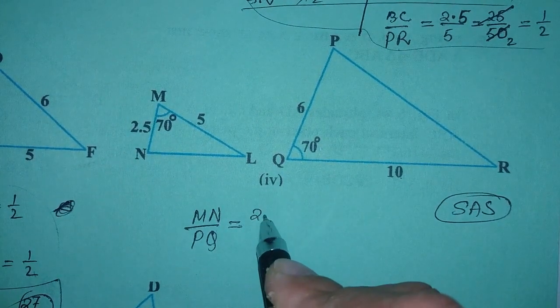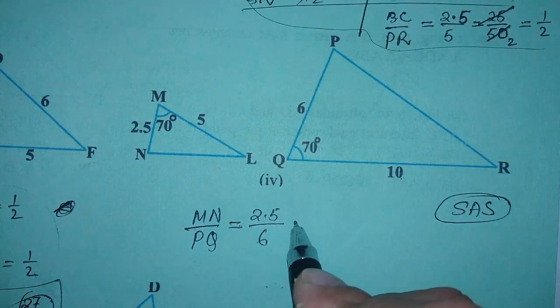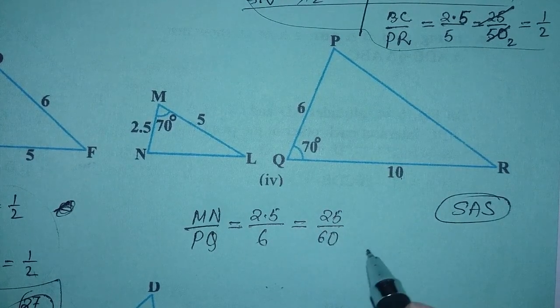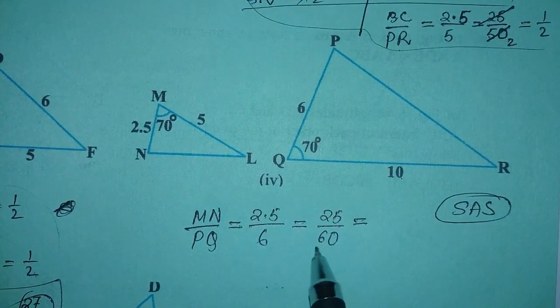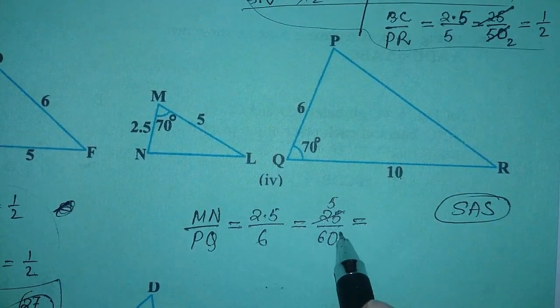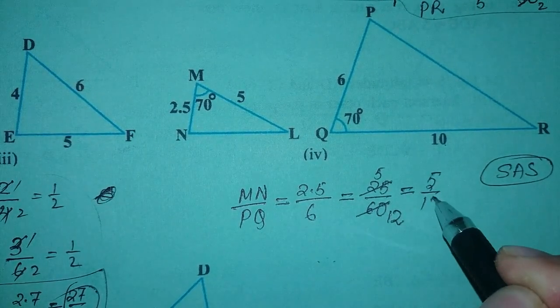So this is 2.5. Here we have 6. Now you can write 25/60 after removing the point. Now this one you can cut by 5. 5 5s are 25. Okay, 5/12. So we have here 5/12.